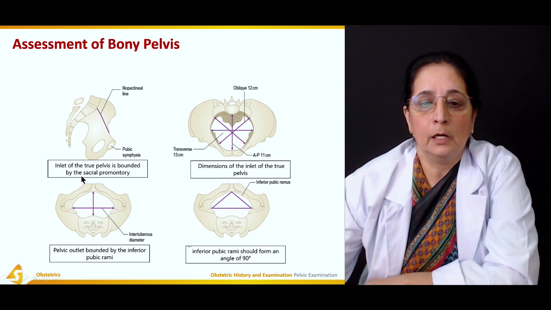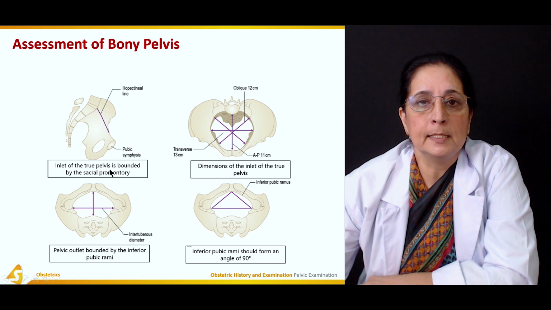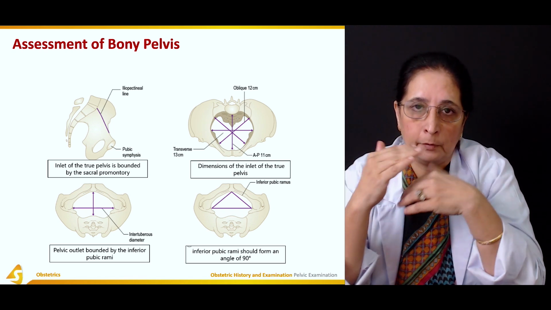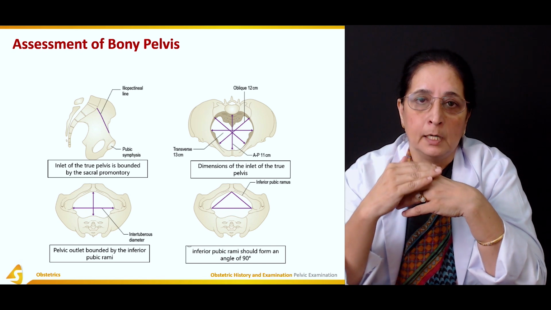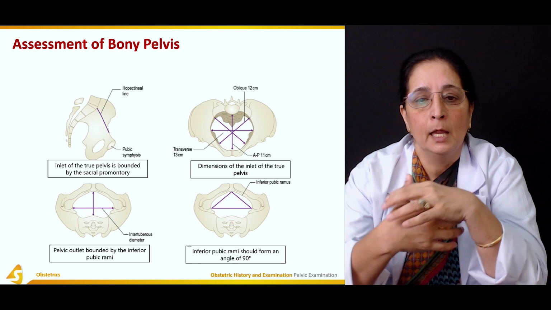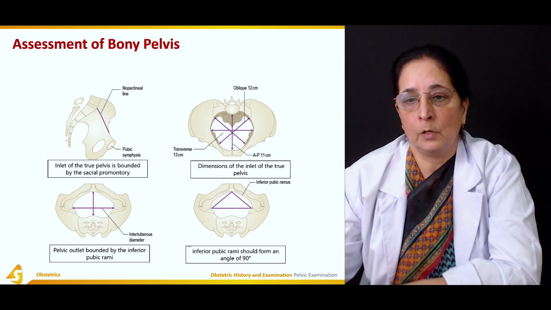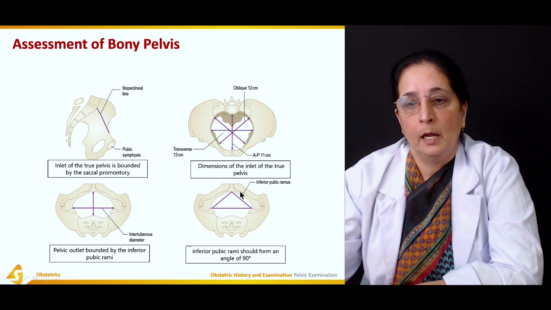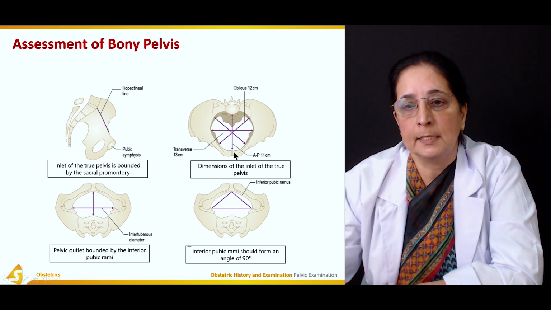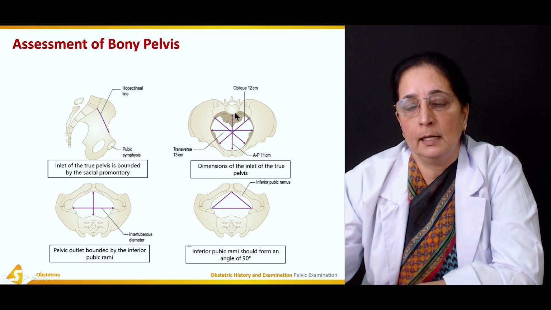The inlet of the true pelvis is the upper part from where the pelvis starts, and the outlet is from where the baby is delivered. At the outlet we have the pubic symphysis, and the inlet is bounded by the sacrum.